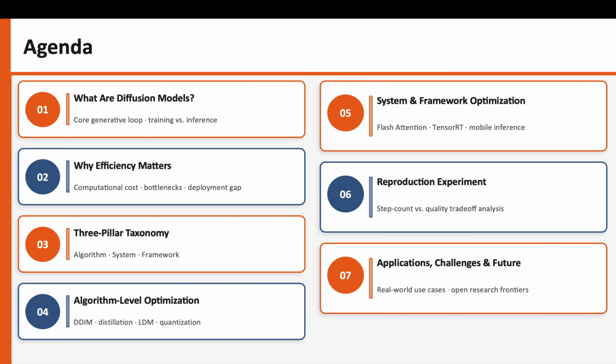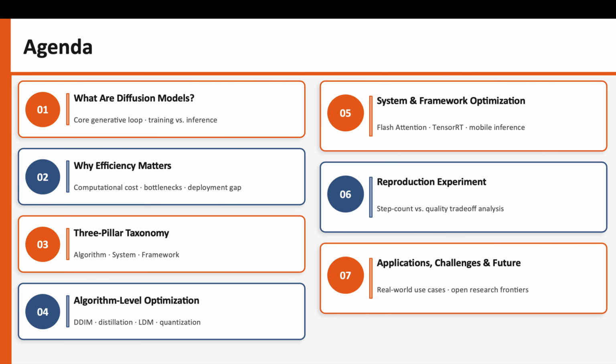Before we go ahead, I would like to discuss the agenda here, and we'll cover 7 topics in total: what diffusion models actually are, why efficiency became such a critical issue, the three-pillar taxonomy from the survey, then a deep dive into each pillar, algorithm level, system level, and framework level optimization.